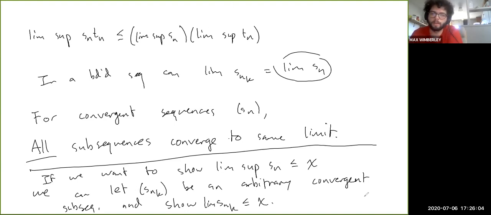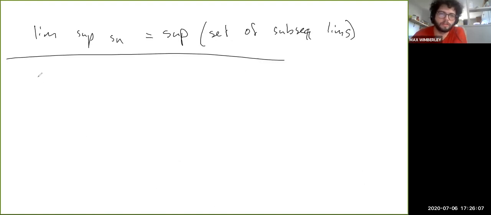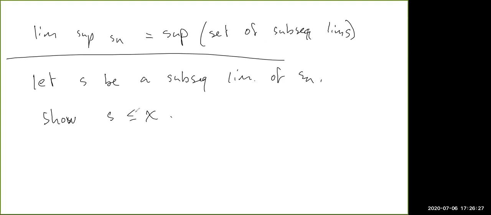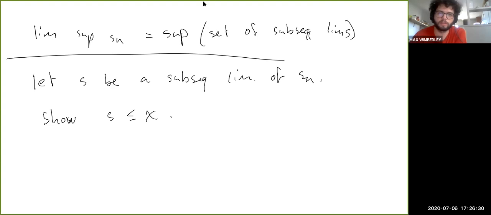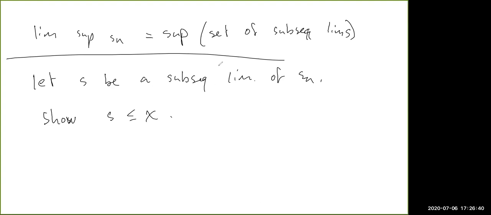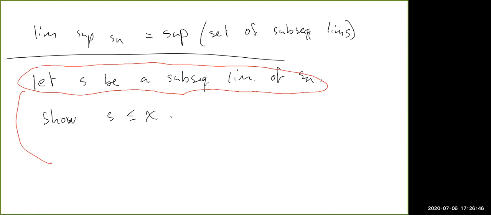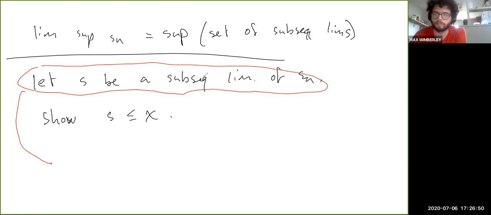So the idea is really: let S be a subsequential limit of Sn, and show S is less than or equal to x. That's showing that x is an upper bound on the set of subsequential limits. When you let S be a subsequential limit, it's really the same thing as letting Snk be an arbitrary convergent subsequence, because a number is only a subsequential limit if there exists a convergent subsequence approaching that number.